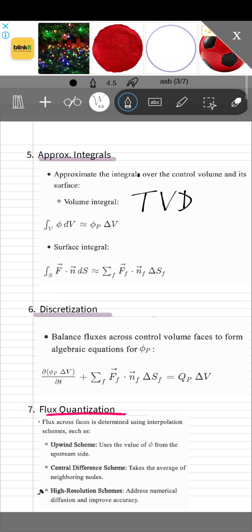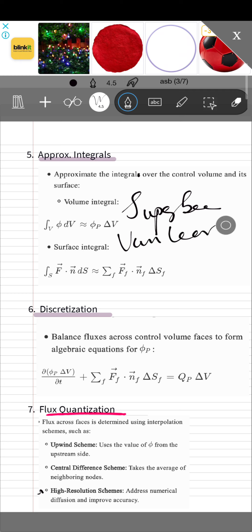And in TVD there are different limiting cases like minmod, then you have superbee, then you have Van Leer.